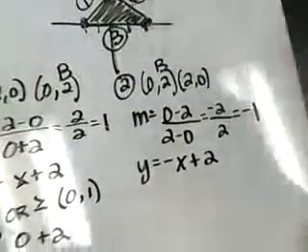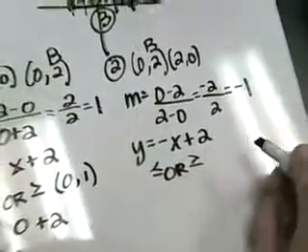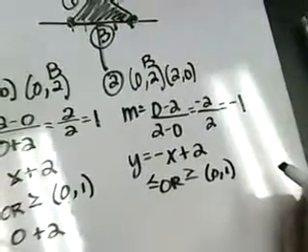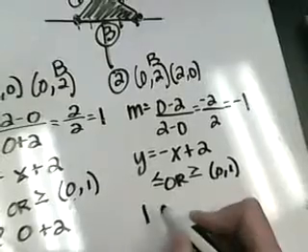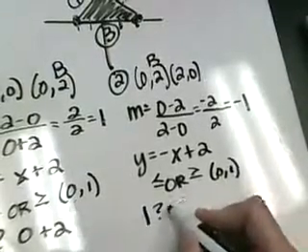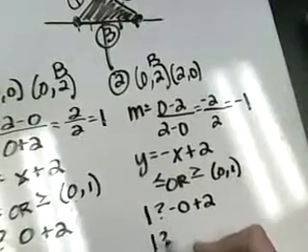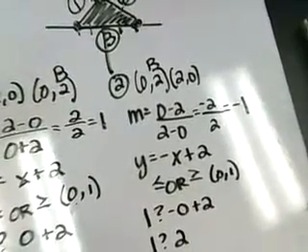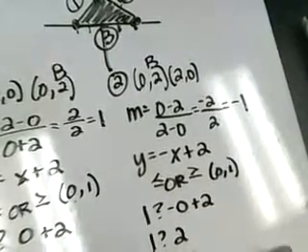It's a solid line, so I know it's either less than or equal to or greater than or equal to, and I'm picking the point 0, 1 because we know he should be a true statement. So if I put that in, 1 is what compared to negative 0 plus 2? So that would be 1 is what compared to 2? Well, we already know that would be less than or equal to because it was the same way over here.